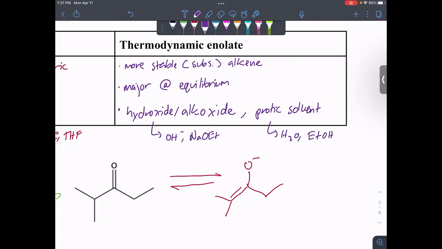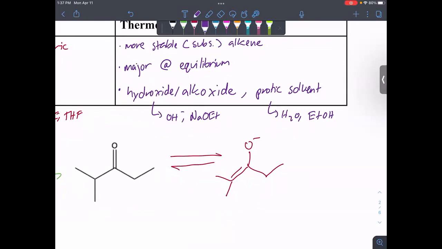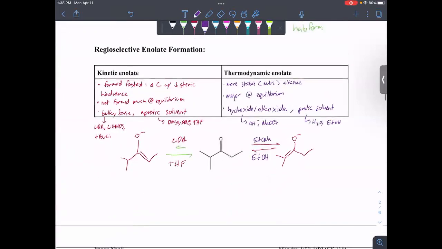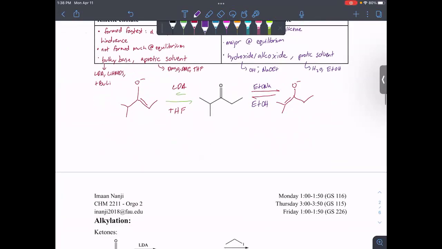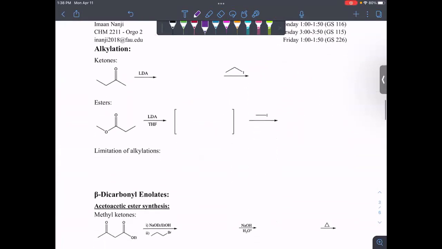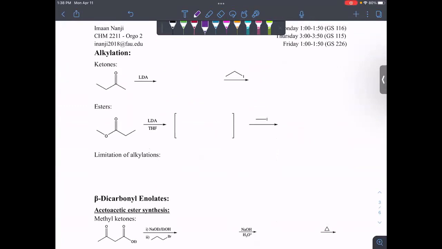So the reagents I would pick to go from this ketone to its thermodynamic enolate would be ethoxide over ethanol. Okay, so might as well just move on.